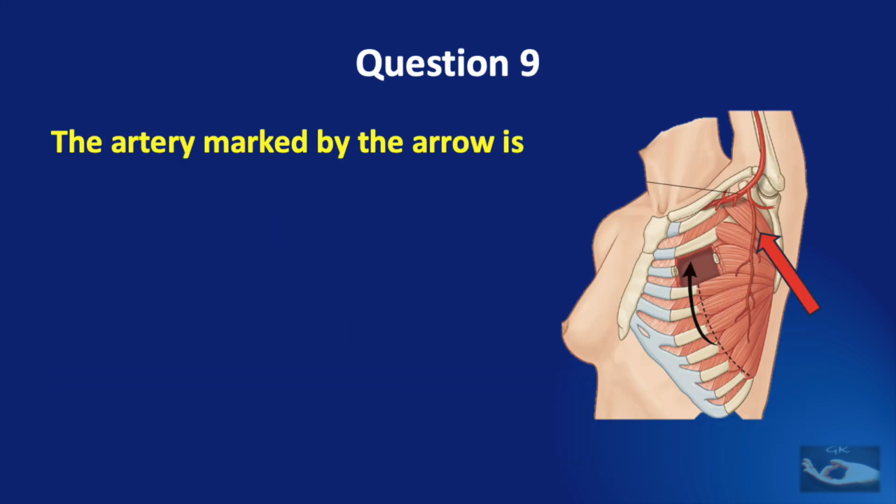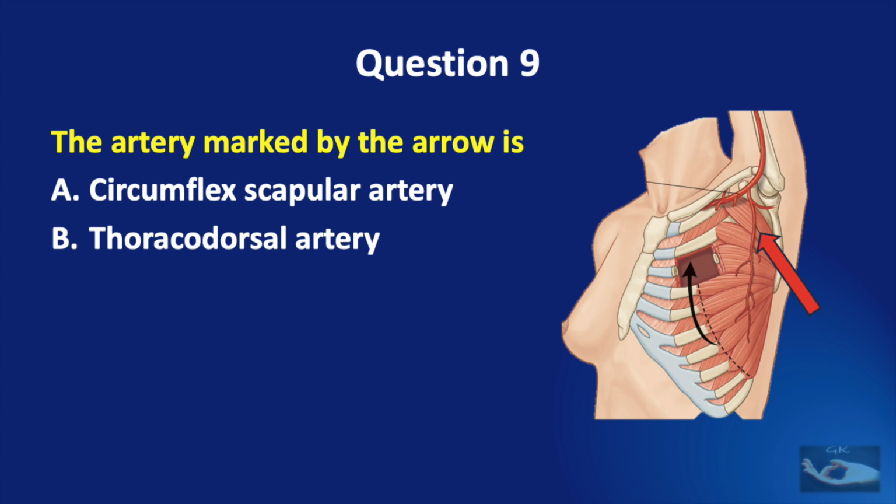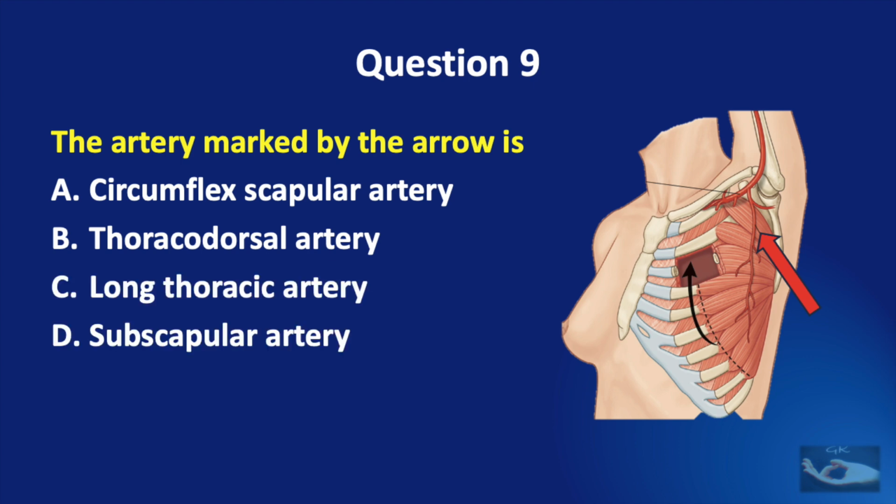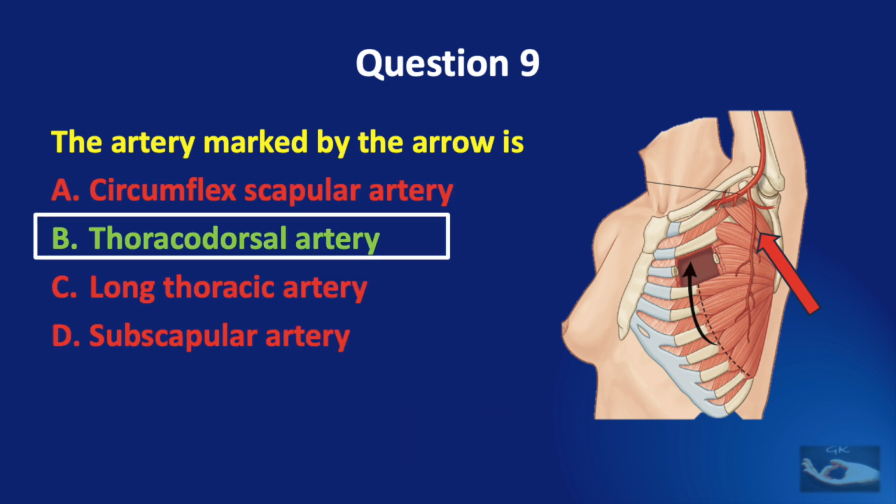Question number 9. The artery marked by the arrow is: circumflex scapular artery, thoracodorsal artery, long thoracic artery, subscapular artery. The correct answer is thoracodorsal artery.